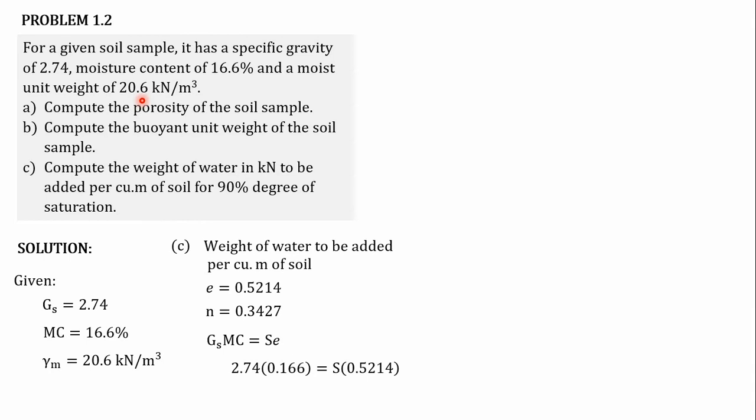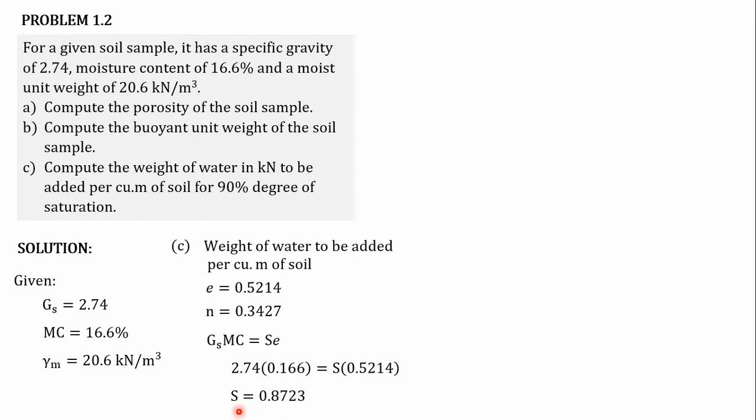Okay, so using GSMC is equal to SE, we have 2.74 times 0.166. Okay, this is the moisture content is equal to S times 0.5214. Okay, so therefore, the degree of saturation, okay, at natural state. Okay, take note. This is the natural state of the soil.